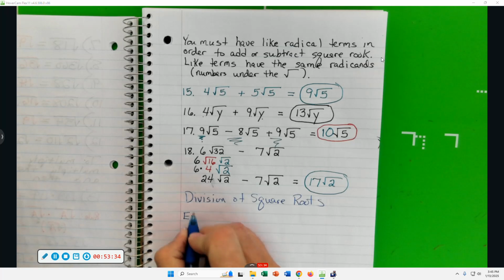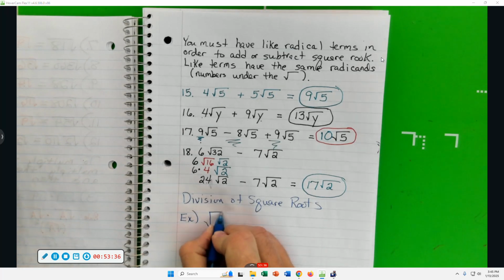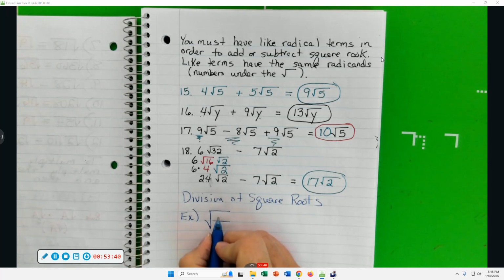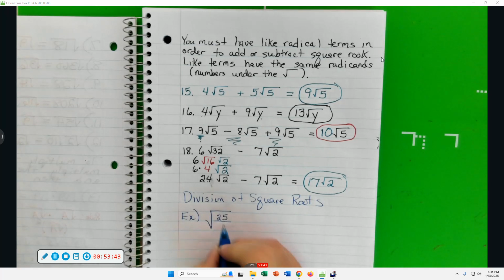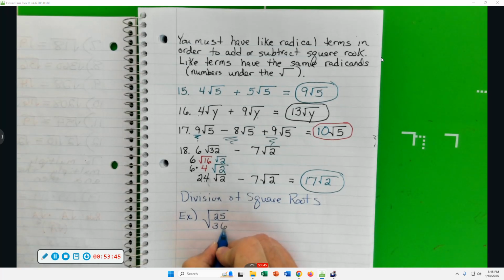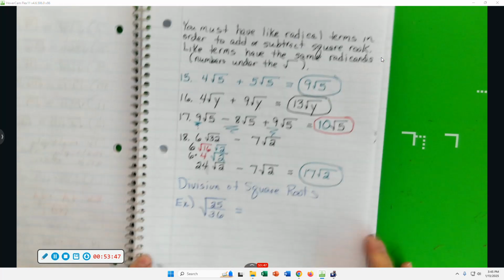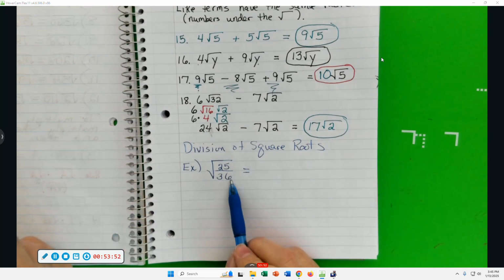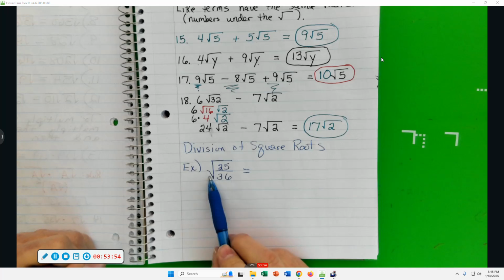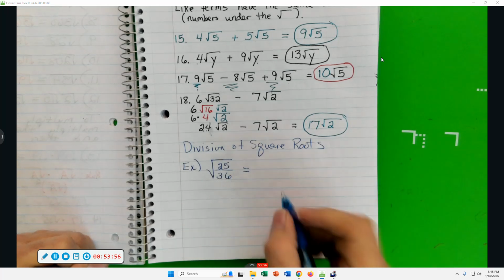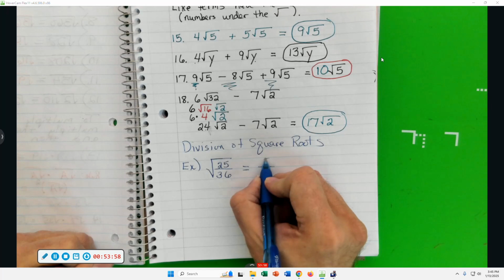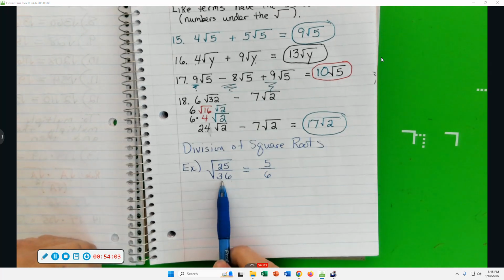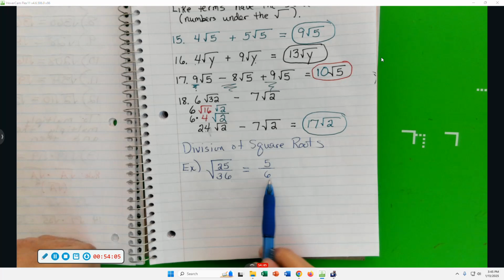Let's start off with an example. Here's one that I believe y'all could get the answer to now just by knowing what a square root is. Suppose we had the square root of 25 over 36. What's the square root of this fraction? 5 over 6.